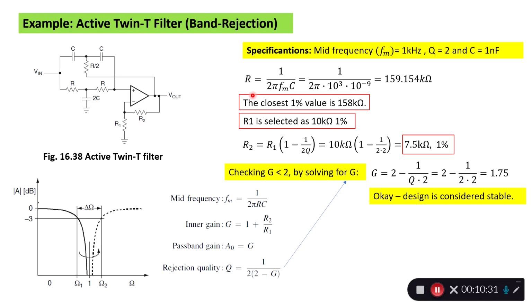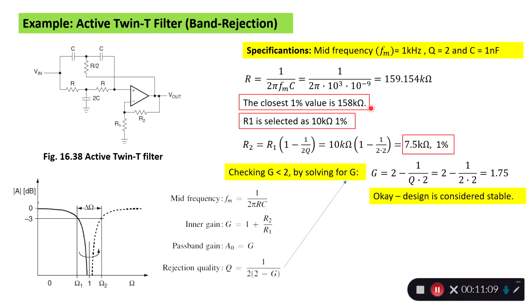So first we find the resistor value for the filter here on these places, and here we have to have a half resistor, so we should watch out for it not to become too small. So 2π, and then the mid frequency here, that was 1 kilohertz. This equation gives 159 kilo ohm, and the closest one we have in the E series is 158 kilo ohm.